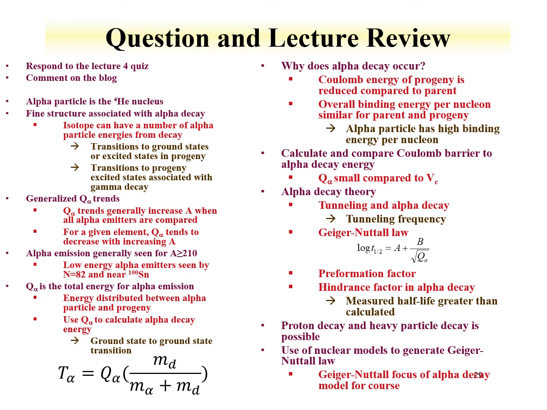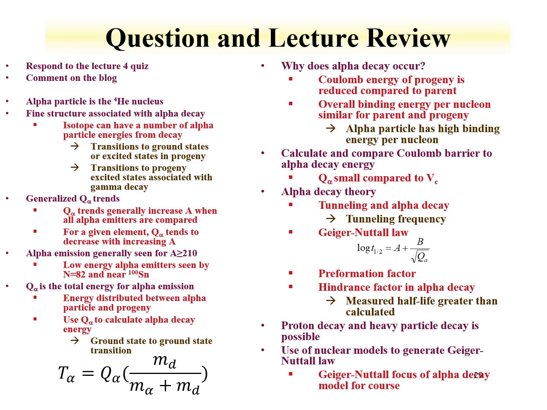However, low energy alpha emitters are observed near N equals 82, a closed shell, and near tin-100, which is doubly magic. The Q value for the alpha decay is the total energy for the alpha emission.